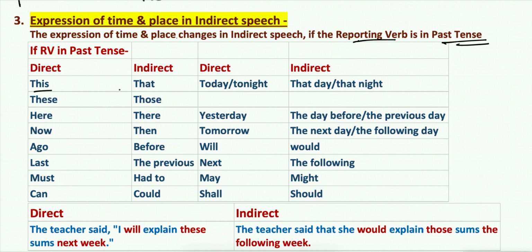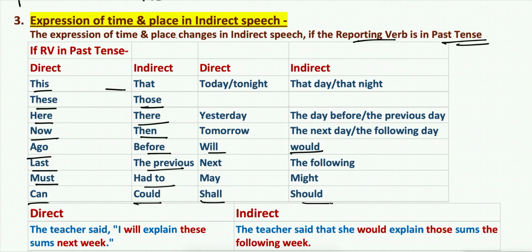This will change to that, these will change to those, here change to there, now change to then, ago change to before, last change to the previous, must change to had to, can change to could, will change to would, shall change to should. Next change to the following, may change to might, and today change to that day, tonight change to that night.